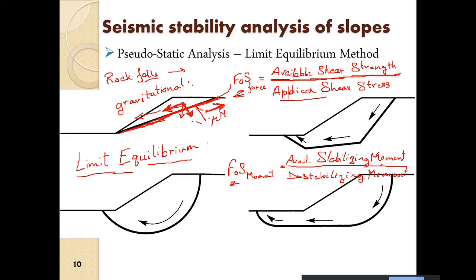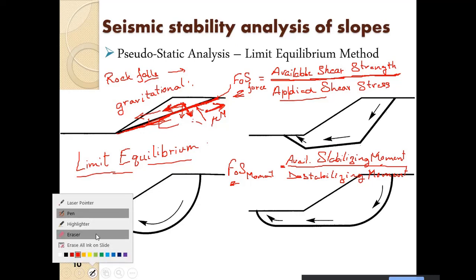As long as the shear strength, or the shearing resistance of the soil, is more than the applied shear stress, the slope is stable. When the applied shear stress exceeds the shear strength, then there is failure.